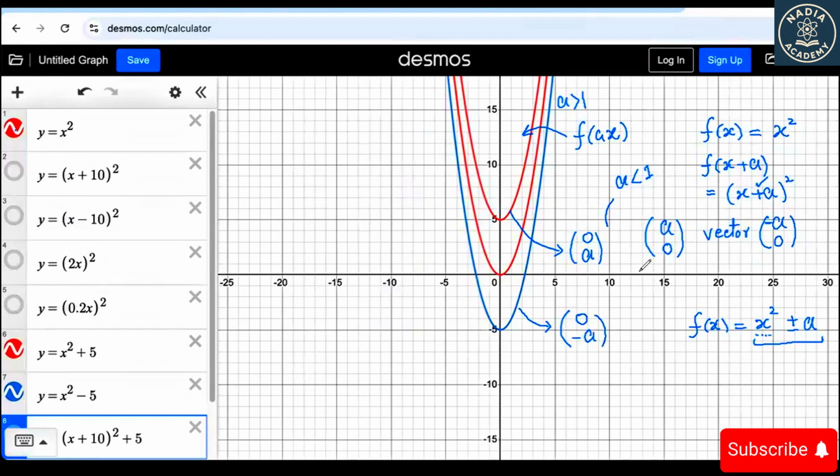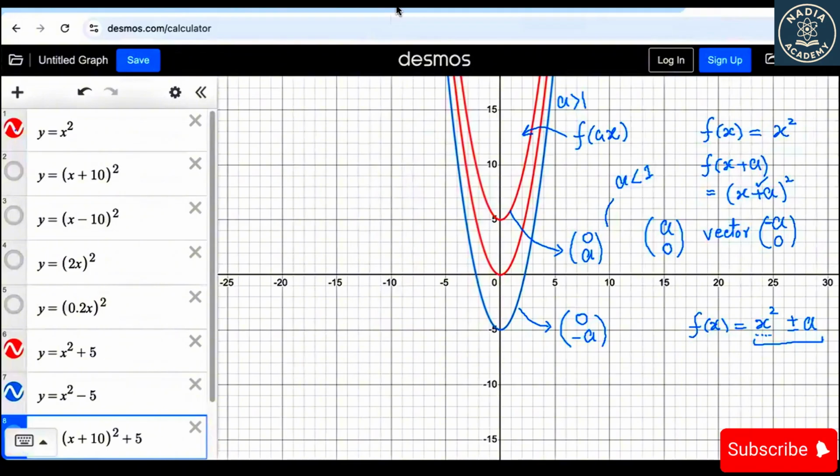Now, with our first transformation that we studied, the addition or subtraction in the independent variable, if we combine it with the addition or subtraction in the y parameter, what would happen?